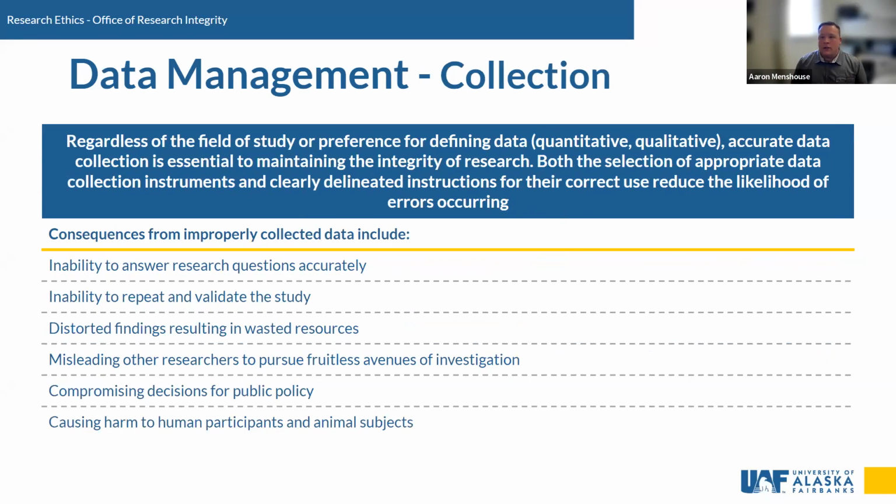Data collection is next in the process, so we're gathering and measuring information on our variables of interest, the data that we've selected to collect. What we want to do is avoid some of the common consequences from improperly collecting the data.